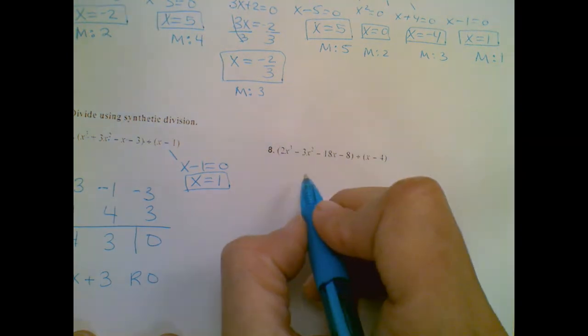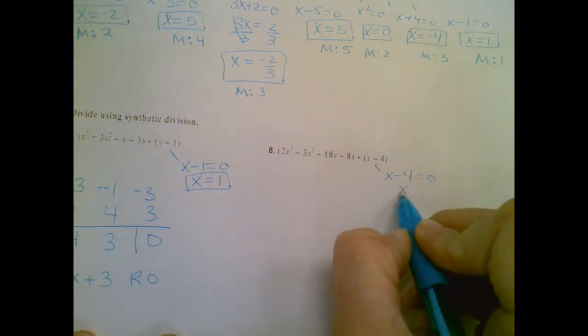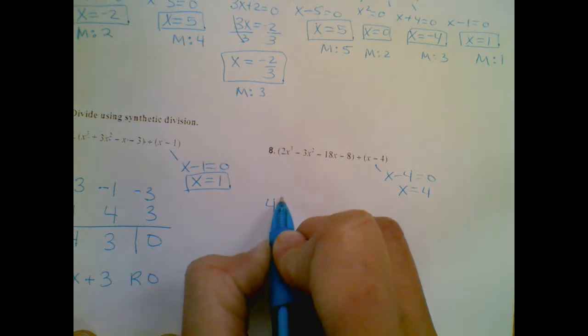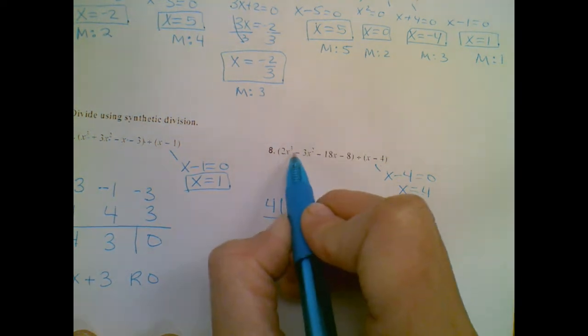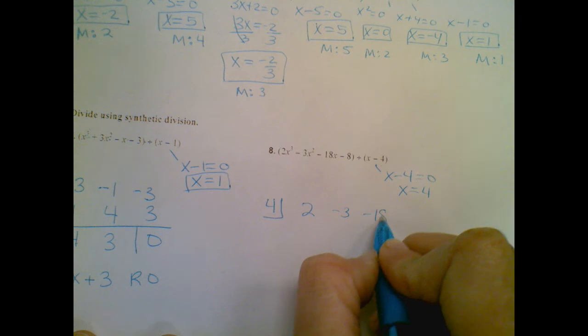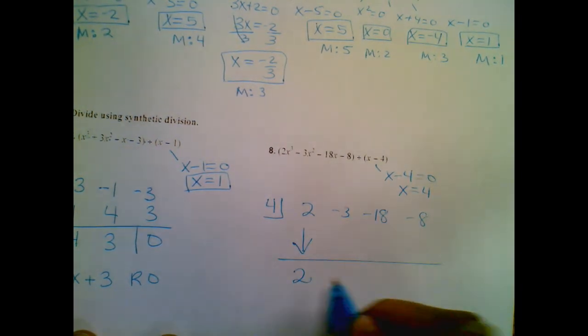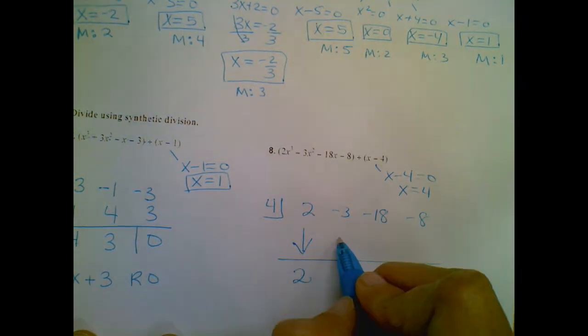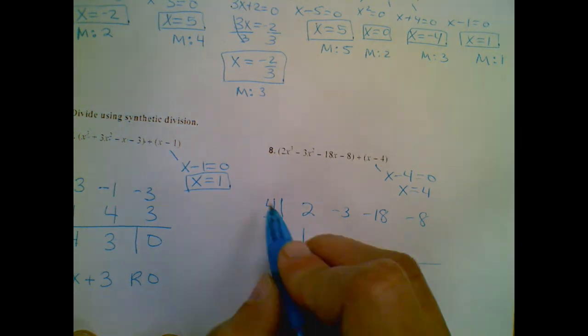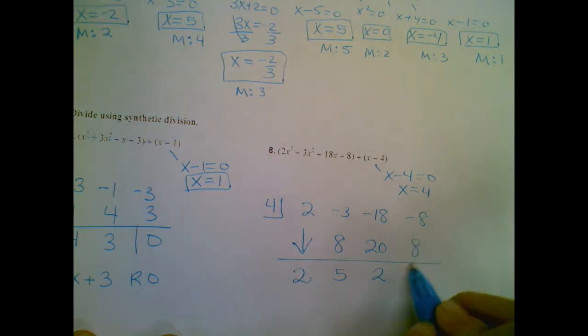For this next one, we set this equal to 0, we solve for it, we get positive 4, so 4 goes in the box. It goes 3, 2, 1, and 0, doesn't skip a term, and then we go through and drop that first number, multiply, add, multiply, add, multiply, and add.